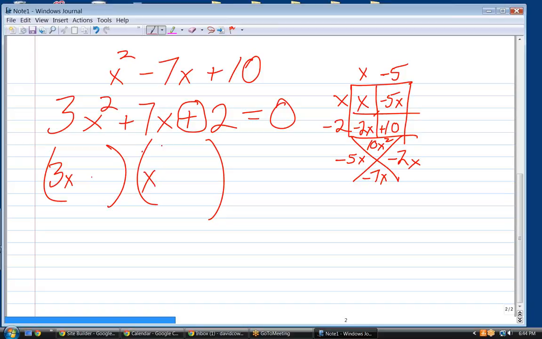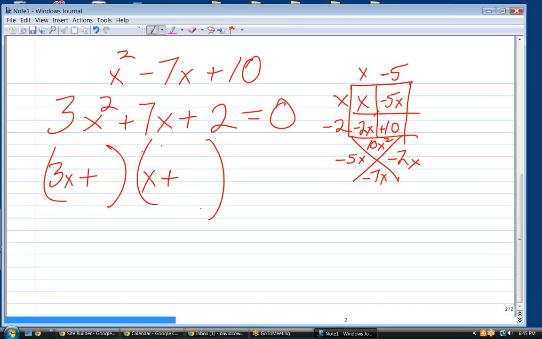No, they can either be two negatives or two positives. They cannot be this, because a plus and a minus would always result in a negative number. Oh, yeah, okay. So they have to both be the same sign, and when they have to both be the same sign, you look to the sign of the middle term to see what it is. So they have to both be plus. Okay?